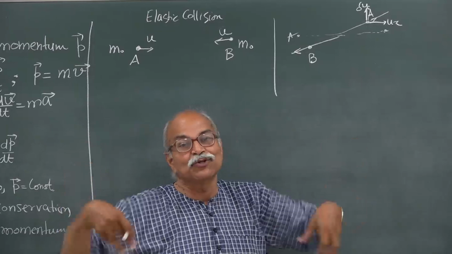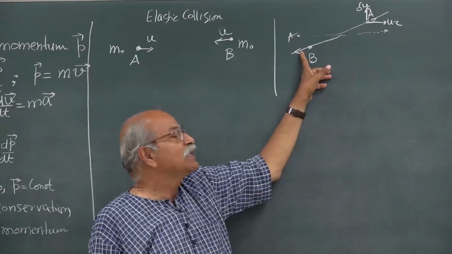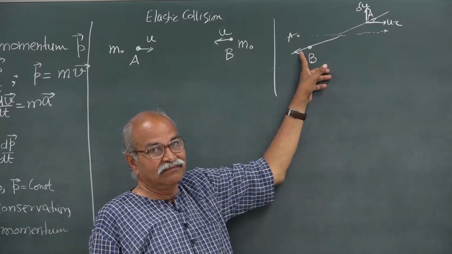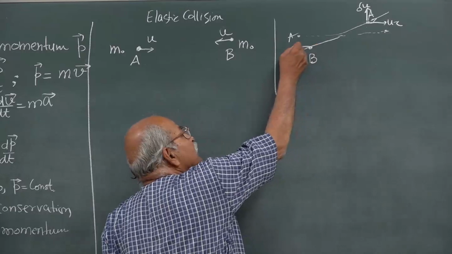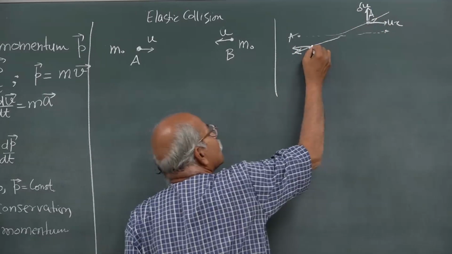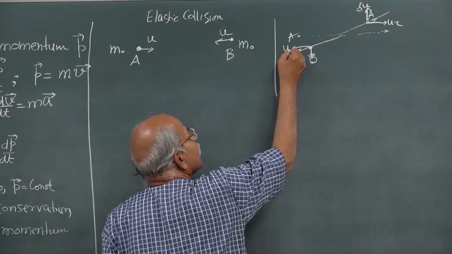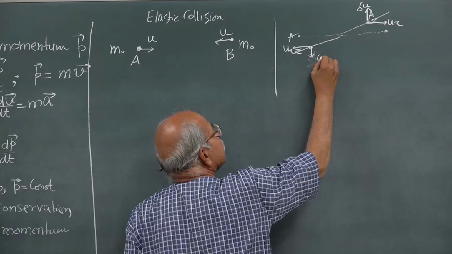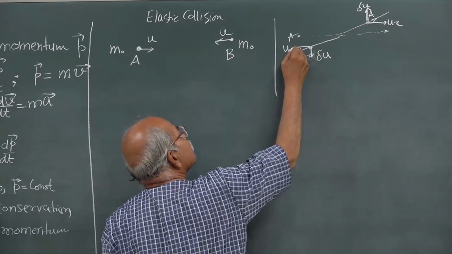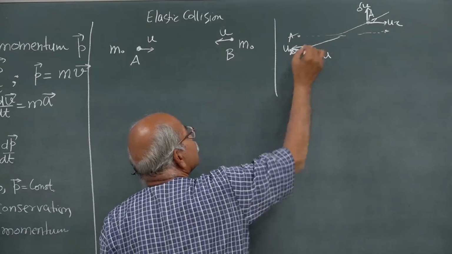The two magnitudes should be equal, and therefore the speed here should be equal to the speed here, and this component should be equal to this component. So, this is ux, and this is delta u.